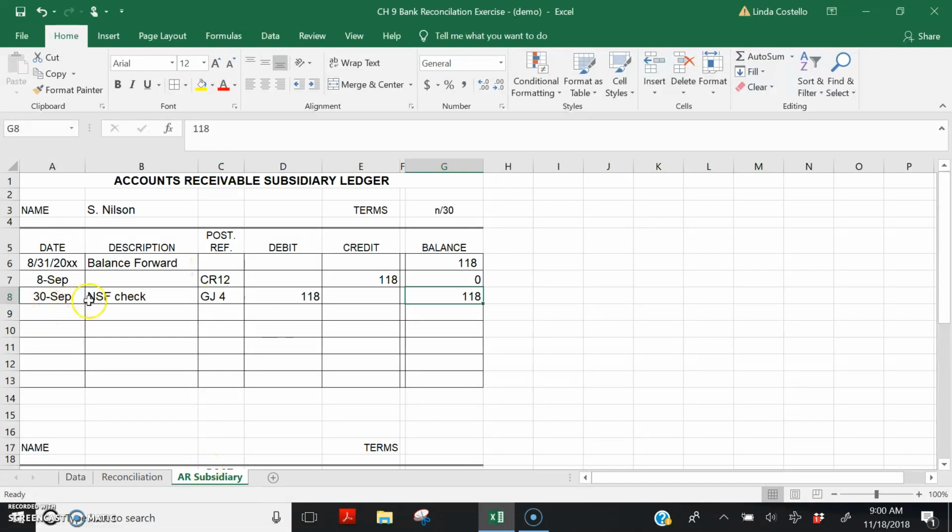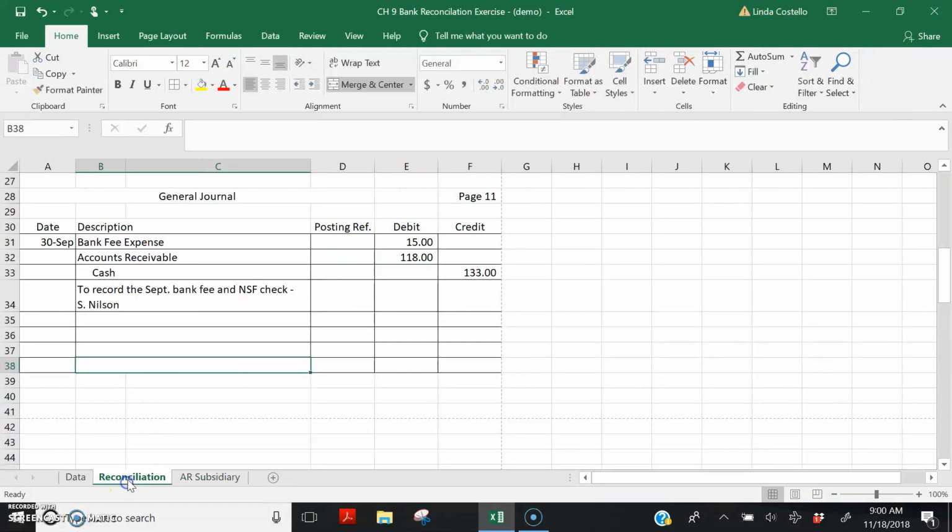Date, September 30th, NSF check, General Journal, page 11, debit $118, leaving a balance on S. Nielsen's account of $118. Then return to the General Journal and record a check mark in the posting reference next to the $118 debit to accounts receivable.